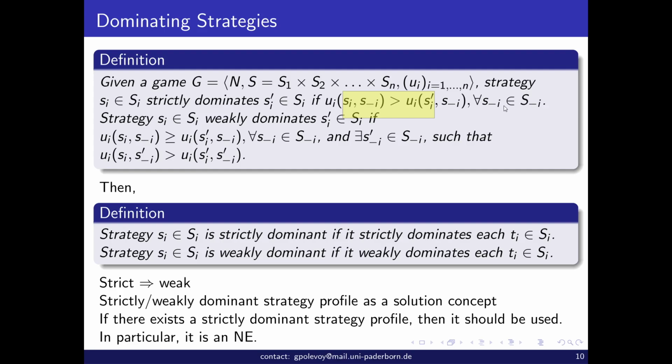Regardless of what others do, it's better for player i to play Si than to play Si prime. It means that Si is always better, so Si strictly dominates Si prime.